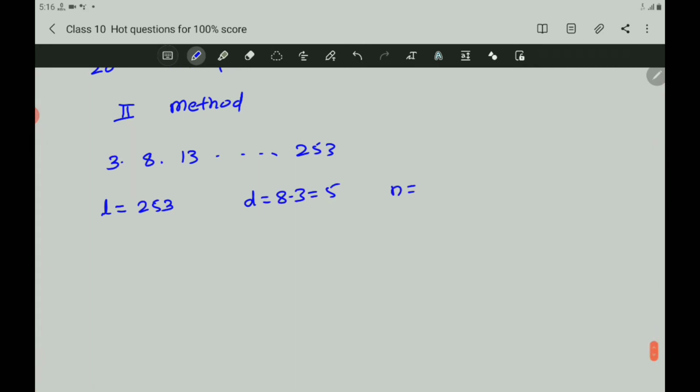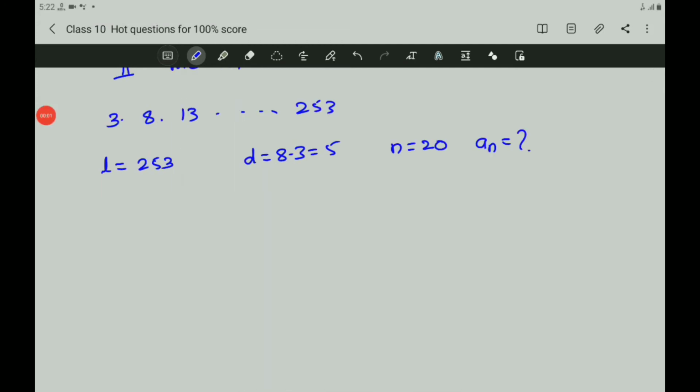And n equals 20, you take the 20th term from the last term. The formula changes here. Then you write L_n, the nth term from the last term, equals L minus (n minus 1) into d. L_n means L_20.